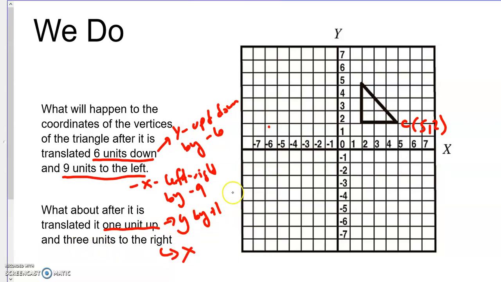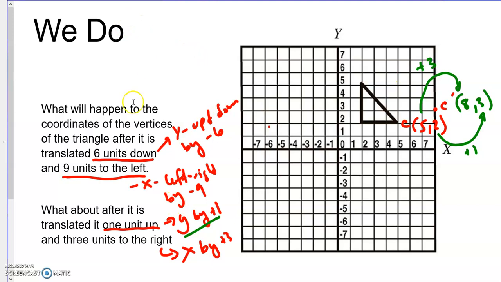The right is the x direction, the x-axis direction. 3 to the right, so it should change the x by +3. And of course, when we do it, 1 up, 3 to the right, there's my new C point. That's going to be exactly what happened. Its coordinates are 8, 3. We predicted the y coordinate would change by 1. It did. And the x coordinate would change by +3. It did.